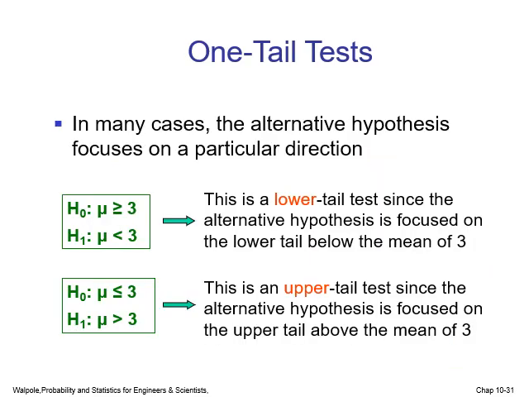If we have a one-tail test, the lower tail test or the upper tail test, these only have one critical value since the rejection area is only at one tail, upper or lower.